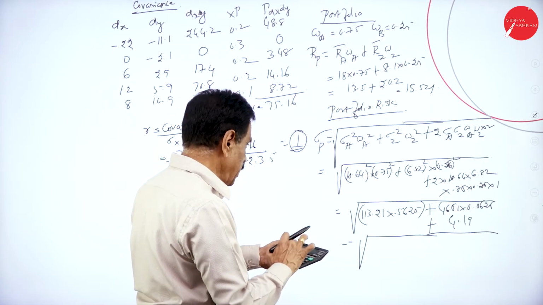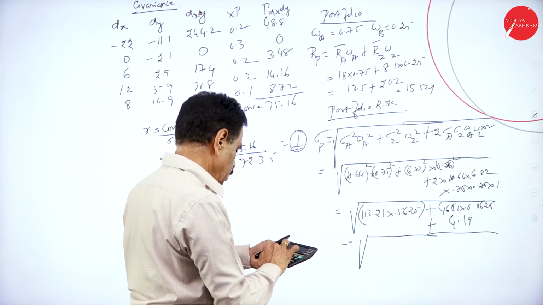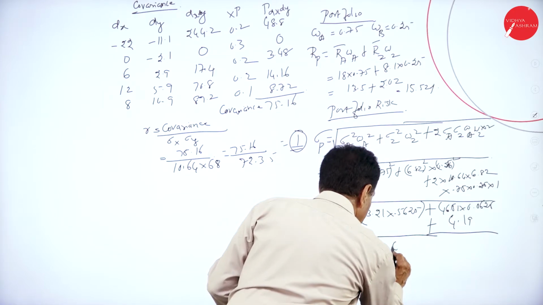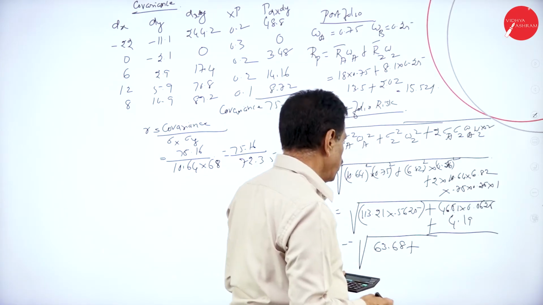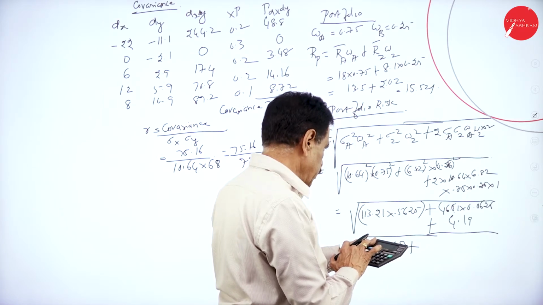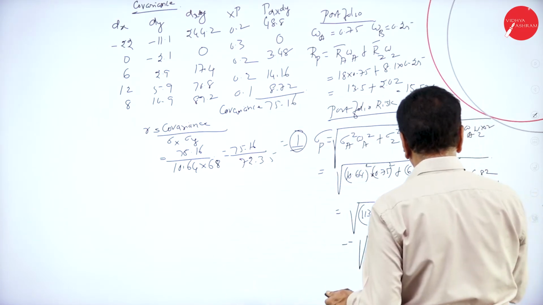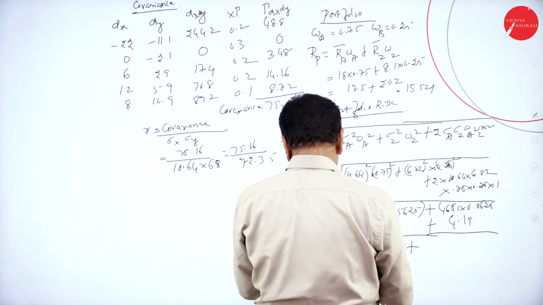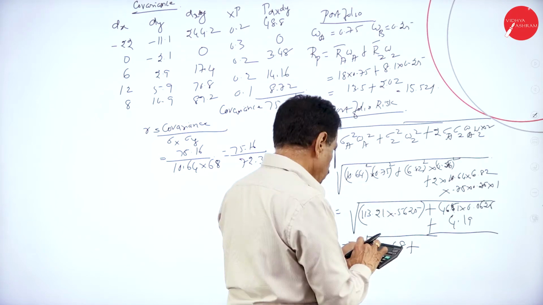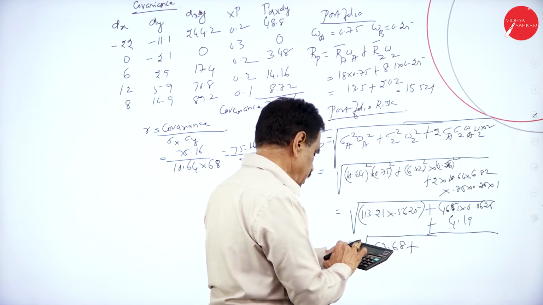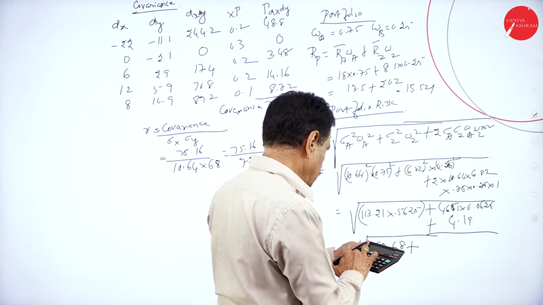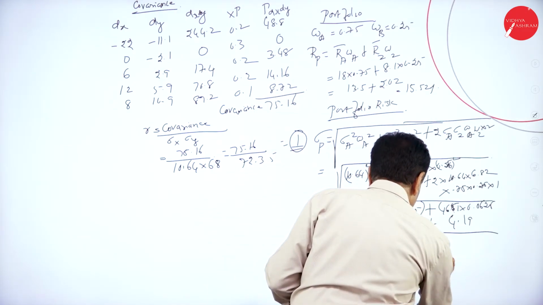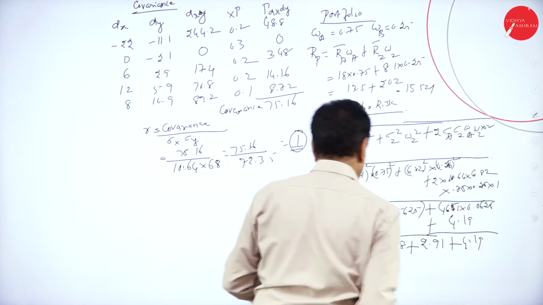113.21 into 0.5625, 63.68, plus 46.51 into 0.0625, 2.91, plus 4.19.